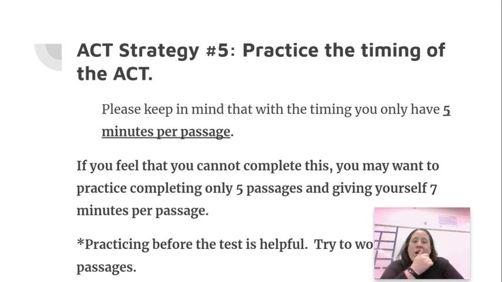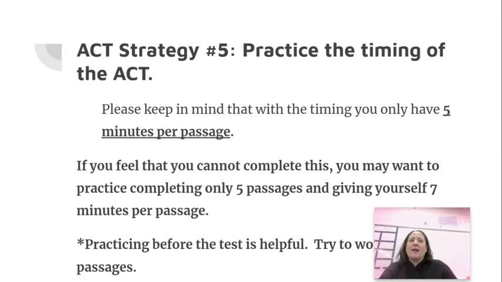And then the last strategy is to practice the timing of the ACT. Now, when you take the ACT, you only have 5 minutes per passage. And if you feel like you cannot complete this, you may want to practice completing only 5 passages. If you're able to get a hold of an ACT Science, and I actually have sample ACT Science passages in my room, you could give yourself, okay, I'm going to set myself 7 minutes for 5 passages.